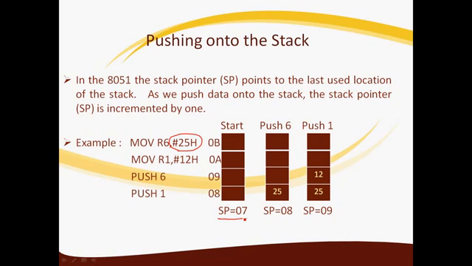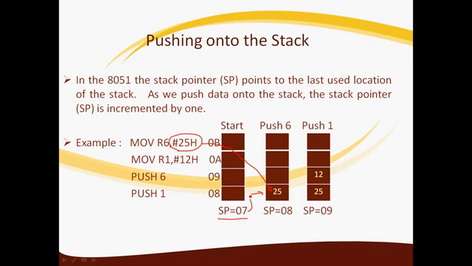The push operation takes place in two steps. First of all, the stack pointer, which is pointing to 07, is incremented by 1. So now it points to 08, and in the second step 25H is moved to here. And the next command you can see is PUSH 1, that is the contents of R1 to be pushed onto the stack.